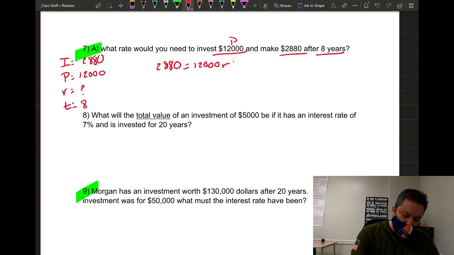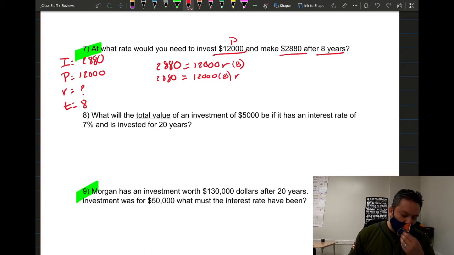And the time is 8 years. On the previous one, the time was at the end, so it looked kind of easy. But this is the same thing. Since we're multiplying, we can multiply in any order, and it's not going to change the product. So I can rewrite this like this: 12,000 times 8 times R.